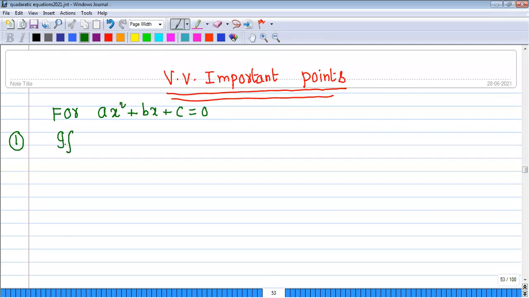If a plus b plus c equals 0, that means if you observe in the given quadratic equation, the sum of the coefficients is equal to 0, then without finding, we can say the roots are 1 and c by a. Without any hesitation we can write.